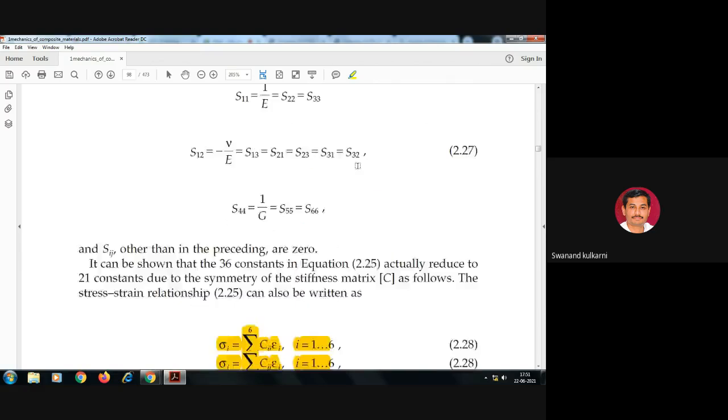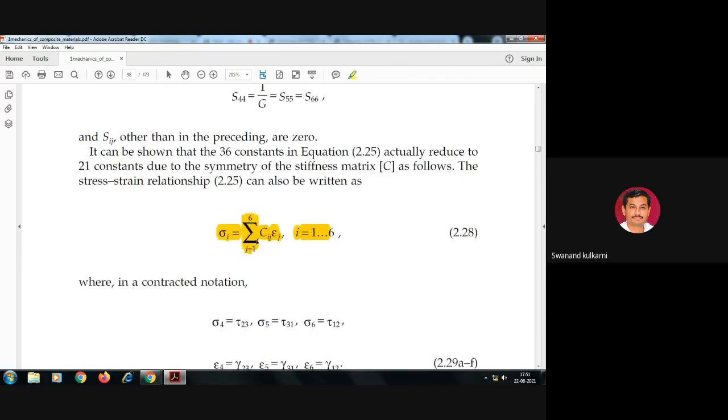So the same thing is represented here with this summation sign. So sigma 1 is nothing but summation of j is equal to 1 to 6 here. So this j is iteration from 1 to 6, which is going to change from 1 to 6, and for every j, when epsilon is there, 6 times that is going to repeat here.